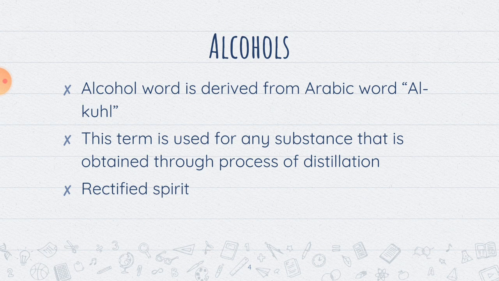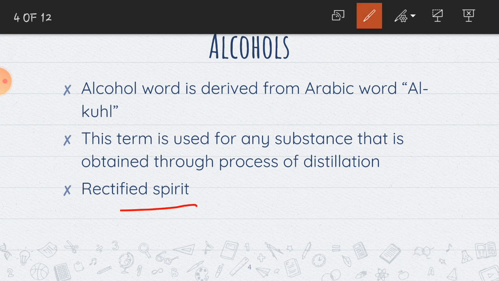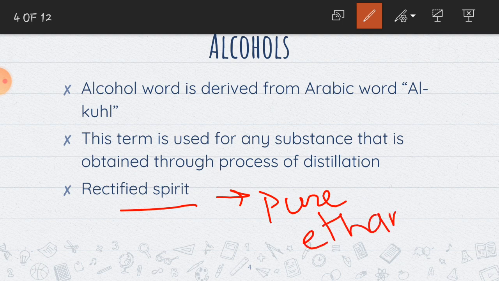What is distillation? Distillation is the process of purifying liquid through heating and cooling. Now, this rectified spirit is generally pure ethanol, and it was called alcohol because it was obtained through the process of distillation.